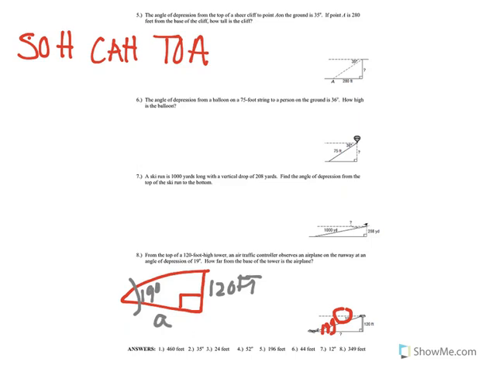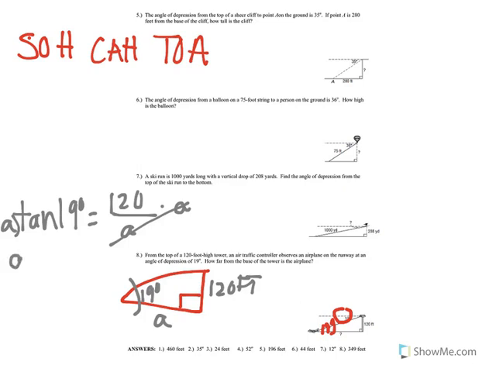If you look at SOHCAHTOA, which one is opposite over adjacent? It is tangent. So we're going to say the tangent of 19 degrees equals 120 over A. Now that A is on the bottom, we have to figure out how to solve for it. You can either cross multiply or just multiply by A to both sides. So the A's cross off on the right, and now you have A times the tangent of 19 equals 120.